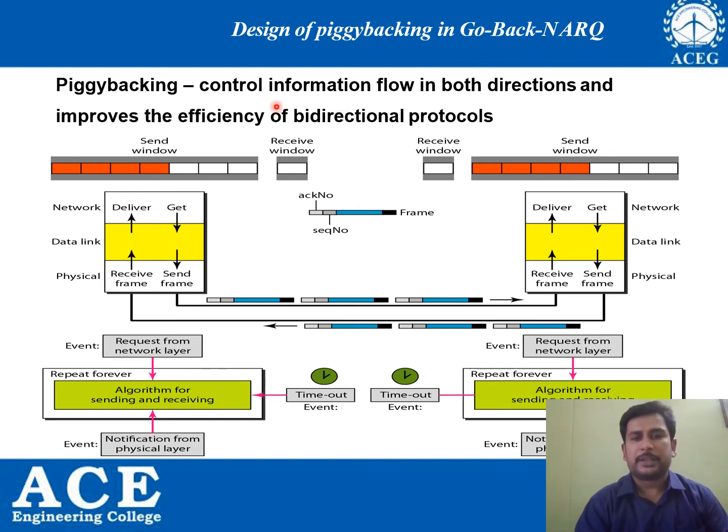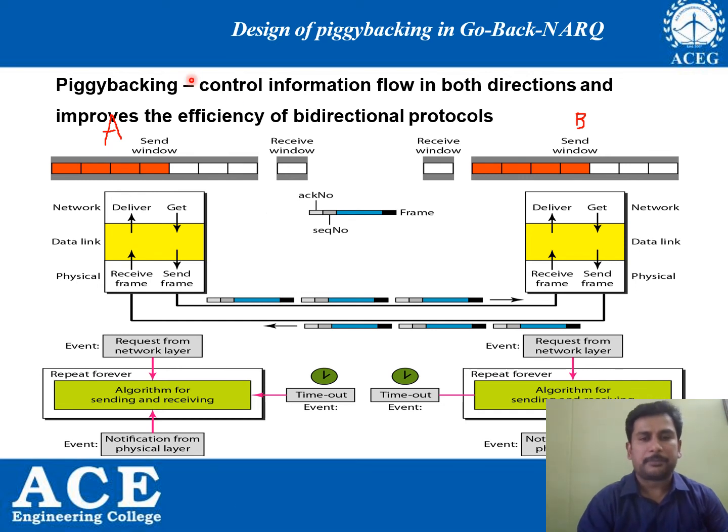So here in piggybacking, control information will flow in both directions along with the data, and it improves the efficiency of bidirectional protocols. So here you will have A and B, which act as both sender and receiver. I will call this device A and this device B. Here A is trying to send data to B, so it needs to have a sender window.